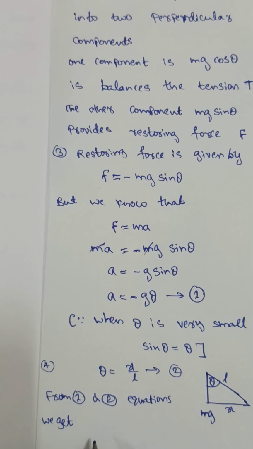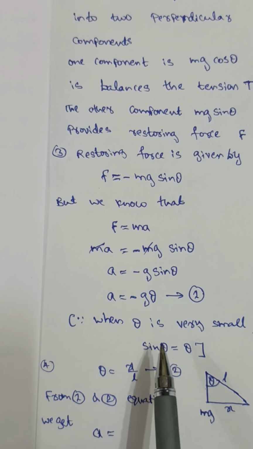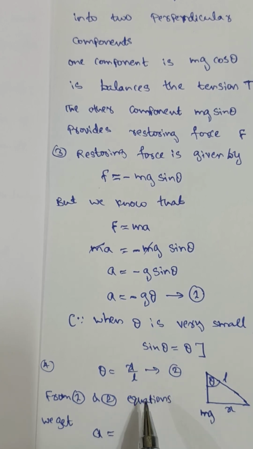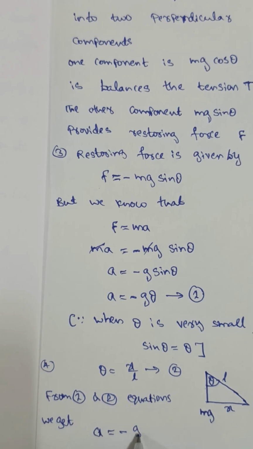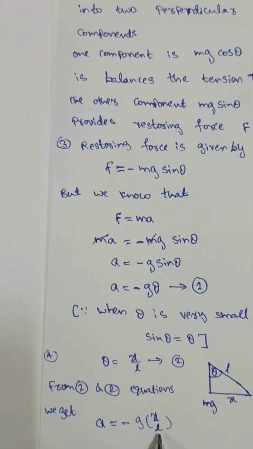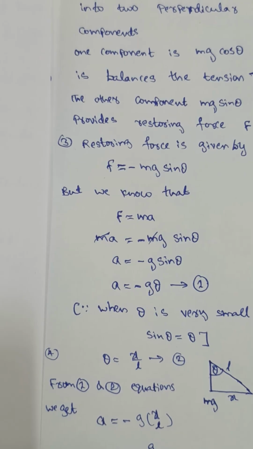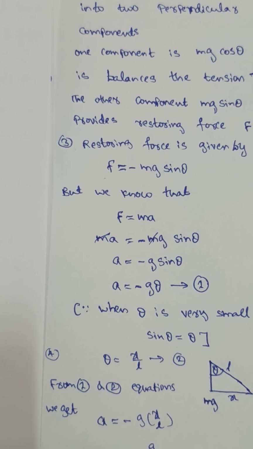From first and second equations we get a is equal to, instead of theta you substitute x by L, minus g of x by L. Next you observe here g and L are constant. G means acceleration due to gravity and length of the string are also not changing. Therefore a is equal to minus g by L into x, where g by L is constant.